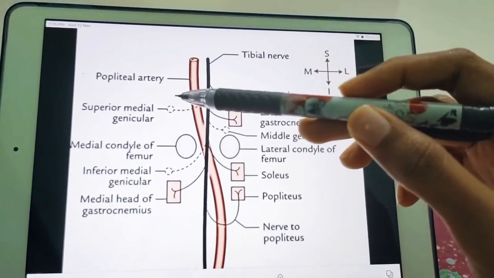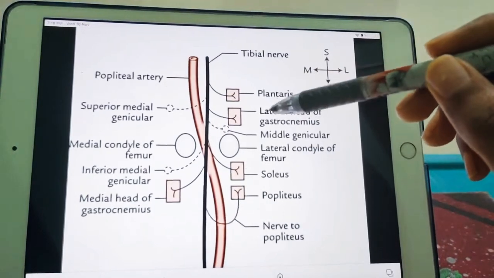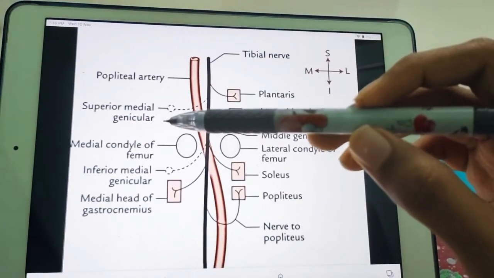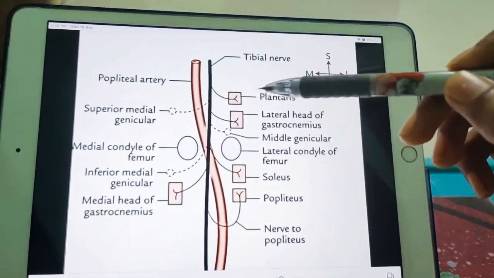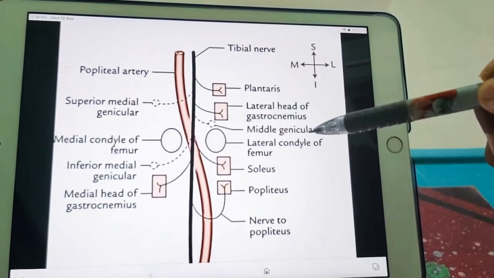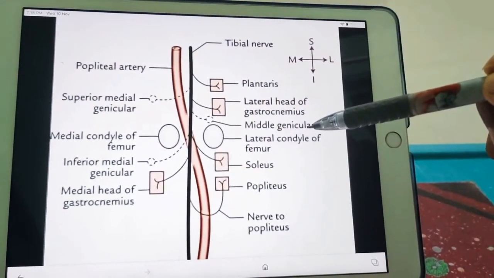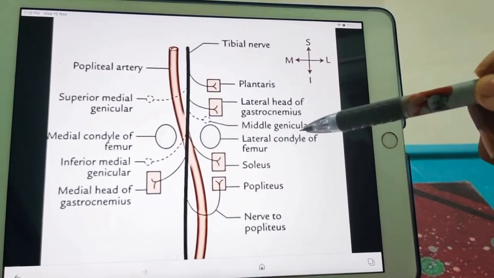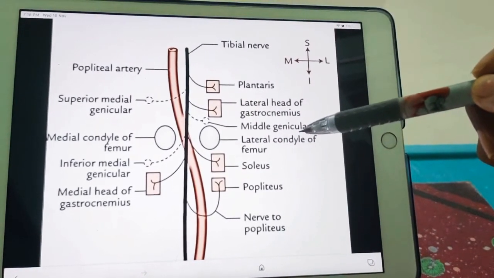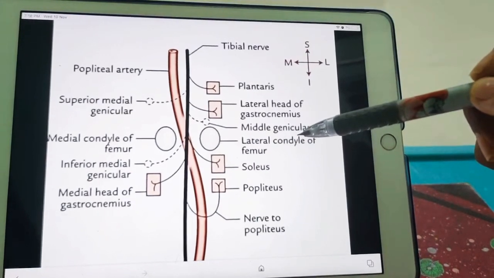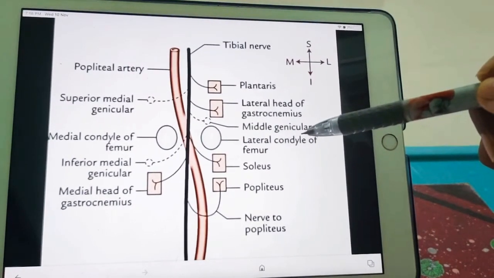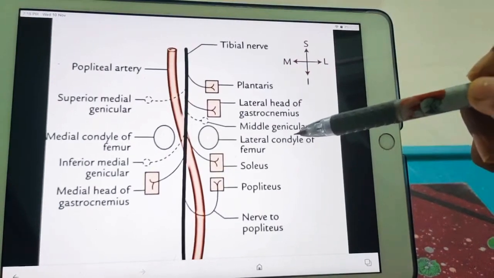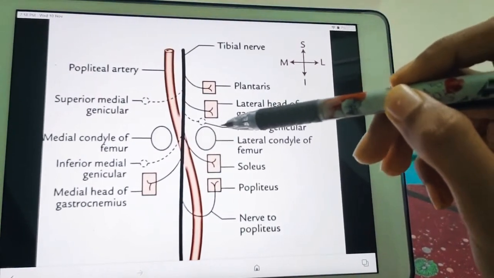Next comes the middle genicular nerve. Okay, so for the middle genicular, you can see that there is the medial condyle of the femur, and just above it you have this. Now you can see this is the middle genicular nerve. This is piercing the posterior part of the capsule of the knee joint, and it mainly supplies the structures in the intercondylar notch of the femur.